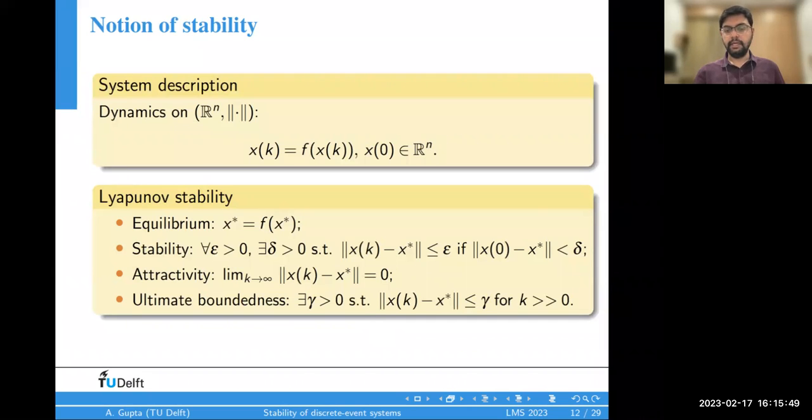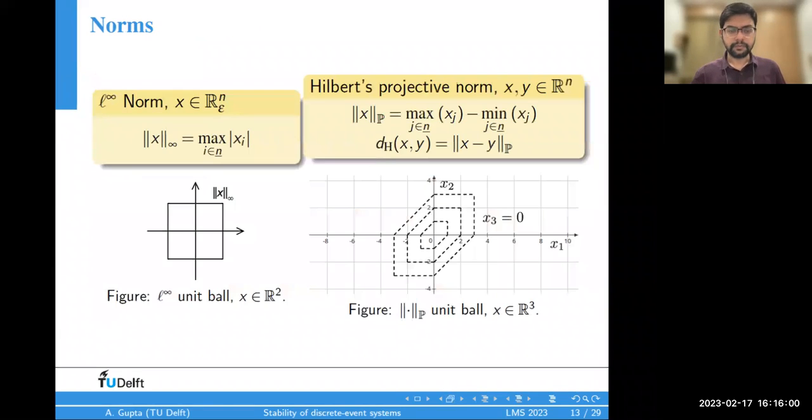So let's say there exists some bound such that eventually, wherever I start, I will always be this close to the equilibrium state. As for the norms, the first one is the L infinity norm. That is your regular supremum norm. The unit ball, let's say for R2, is a square, and you get a hypercube for higher dimensions.